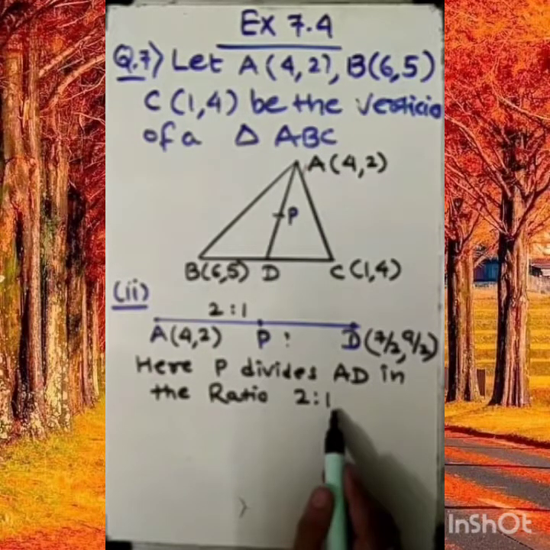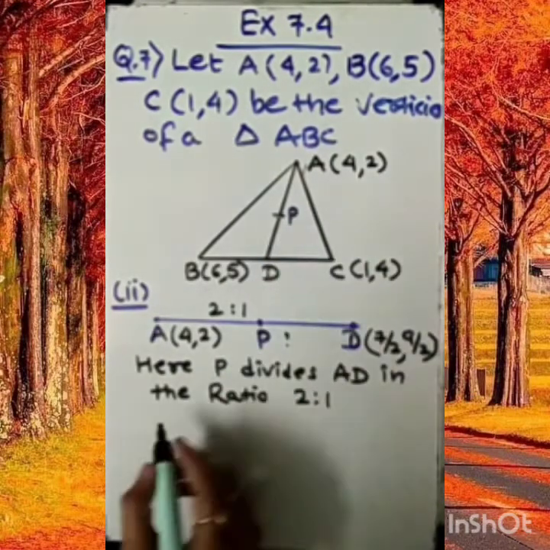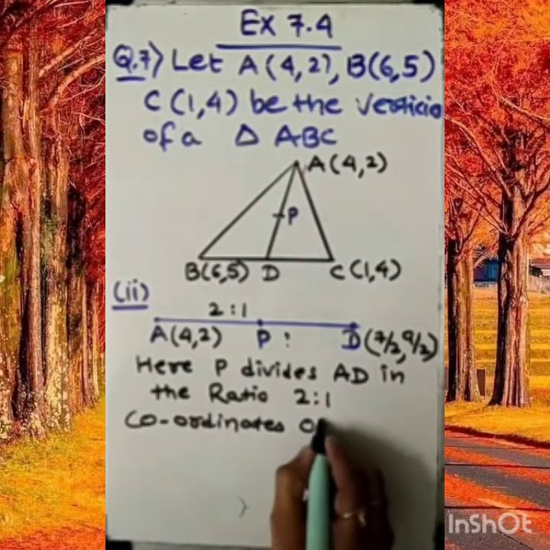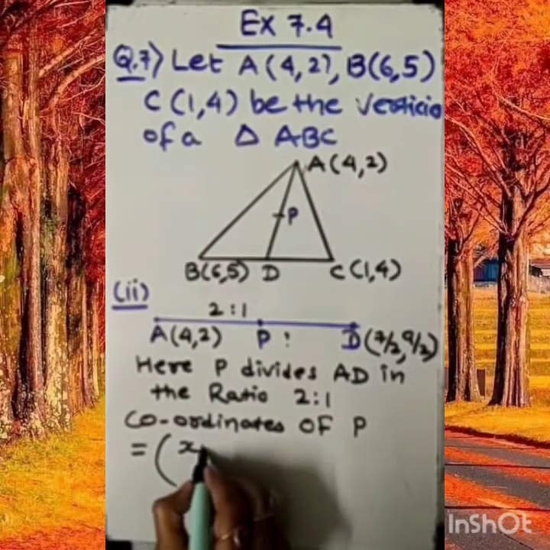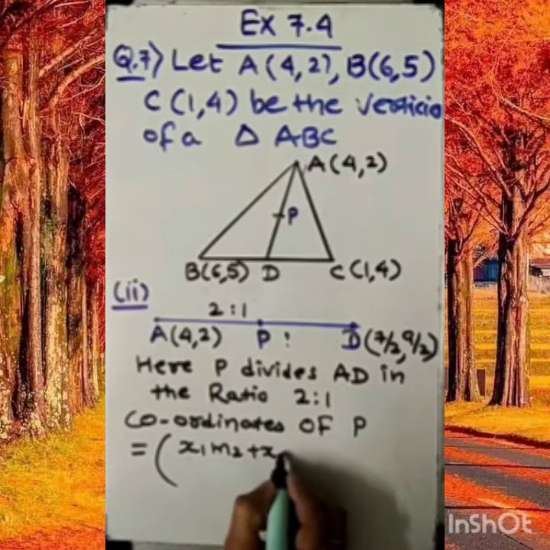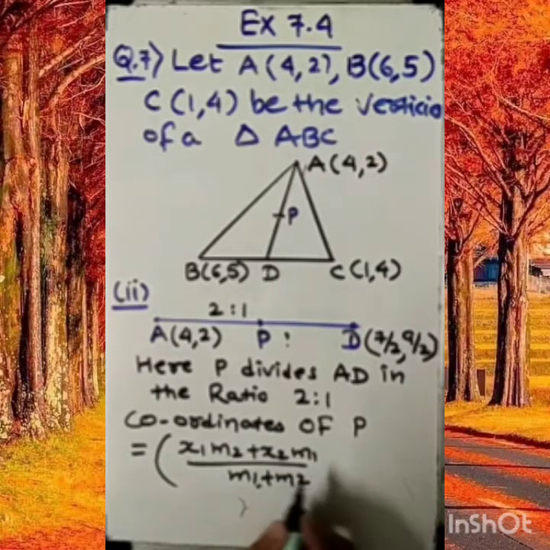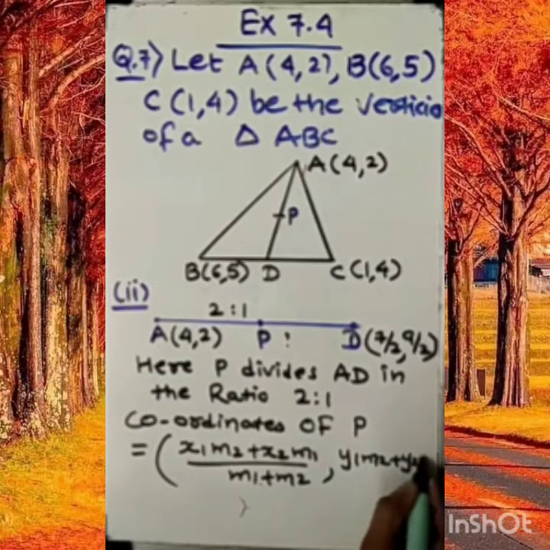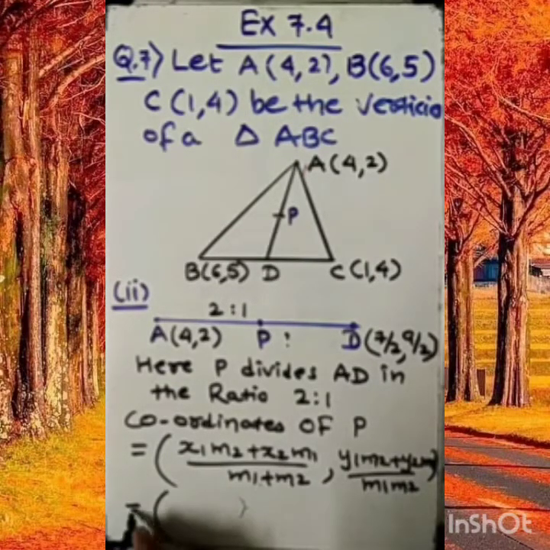We are applying the section formula to find the coordinates of point P. If you are able to write it directly, then you can move on. If not, then note down the section formula properly: (x1 m2 plus x2 m1 upon m1 plus m2), comma, (y1 m2 plus y2 m1 upon m1 plus m2). This is m1, so keeping this in mind, let's put in the values.